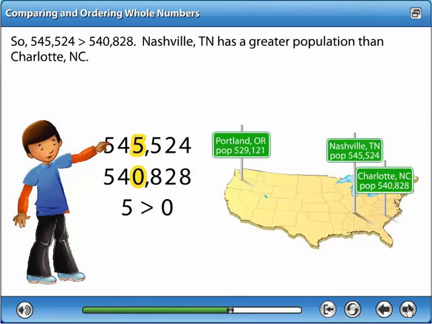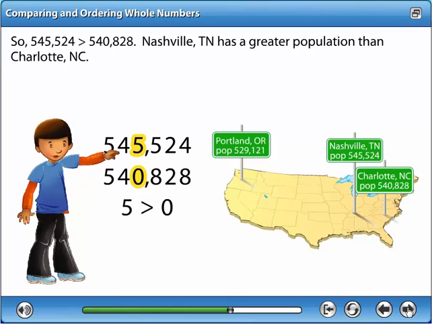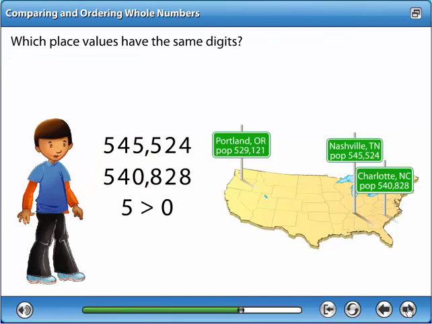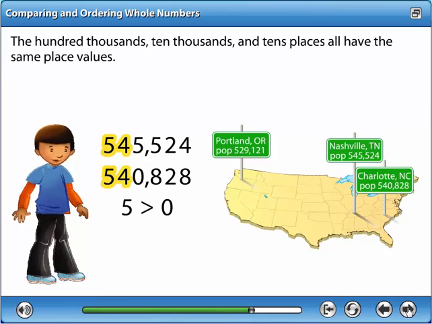Nashville, Tennessee has a greater population than Charlotte, North Carolina. Which place values have the same digits? The hundred thousands, 10,000s, and tens places all have the same digits.